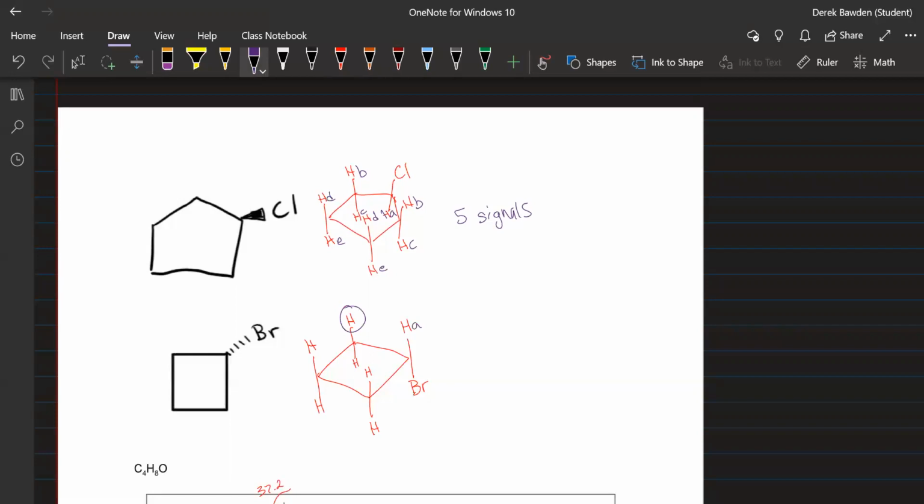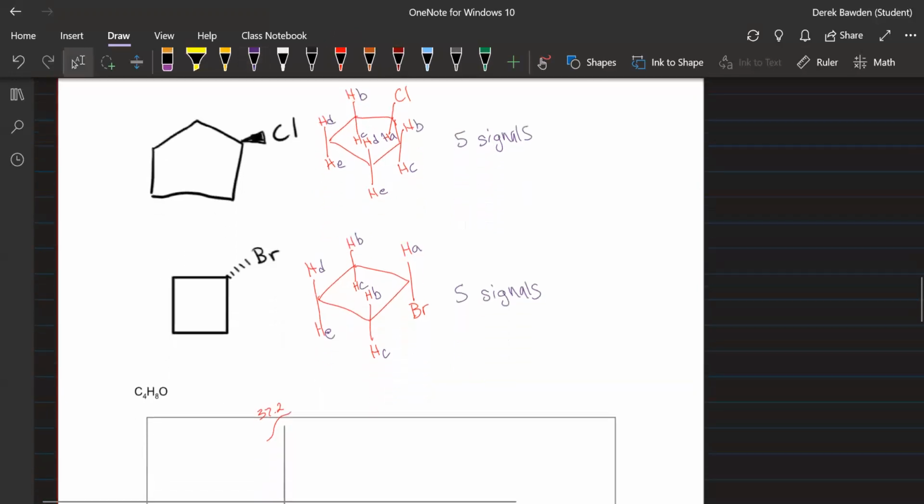These 2 hydrogens at the top are in the same field as each other, so these are going to be our HBs. Down here are our HCs because they're facing the bromine. And then HD up here and HE down here. So again, another 5 signals total for this 4-member ring.